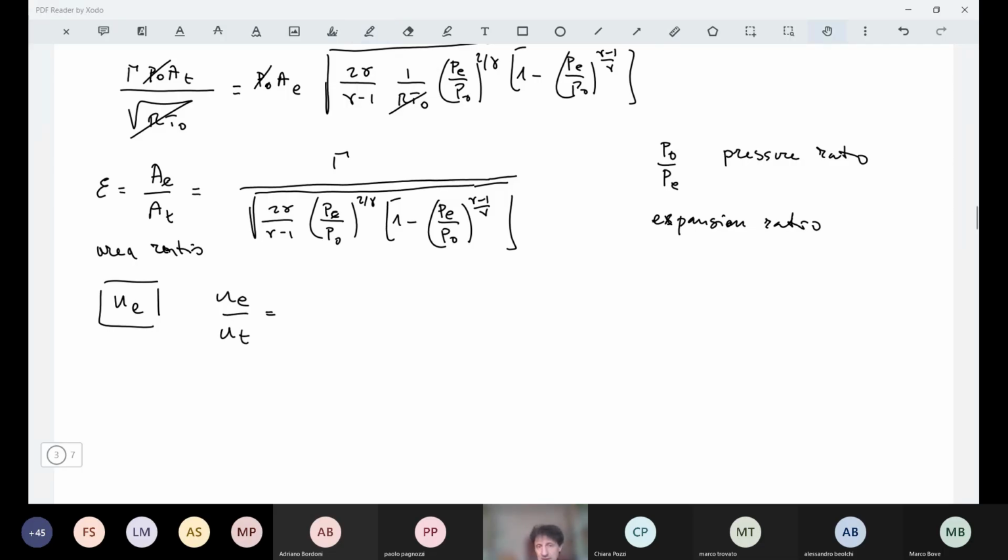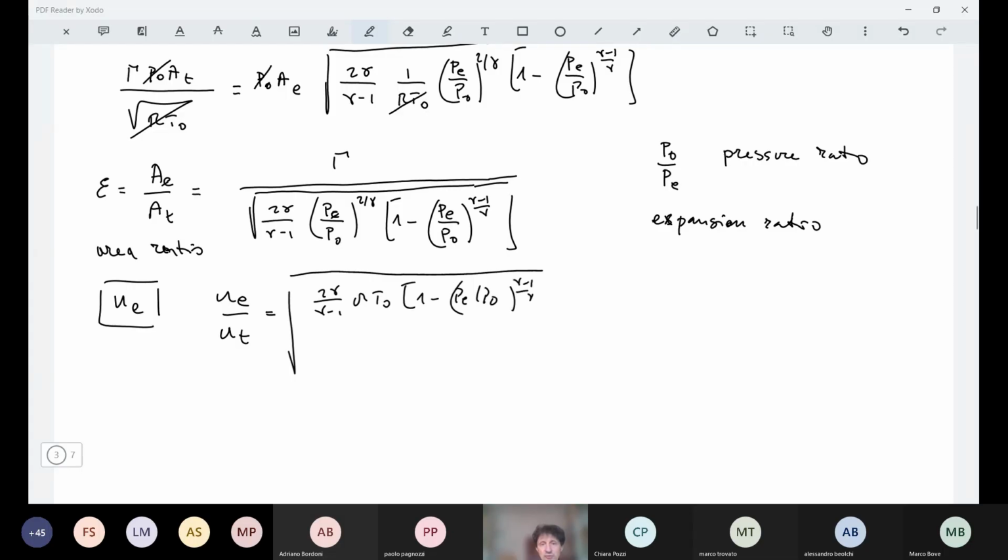That will also be the critical speed of sound, and this will be 2 gamma over gamma minus 1 R T0, 1 minus Pe over P0.